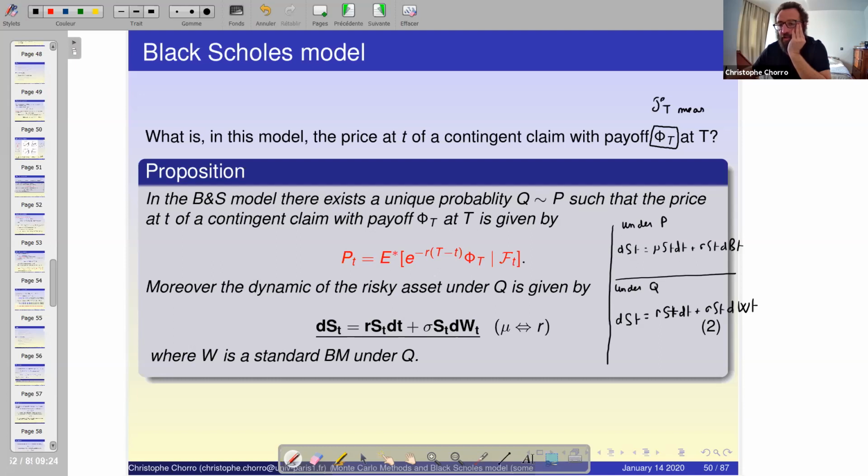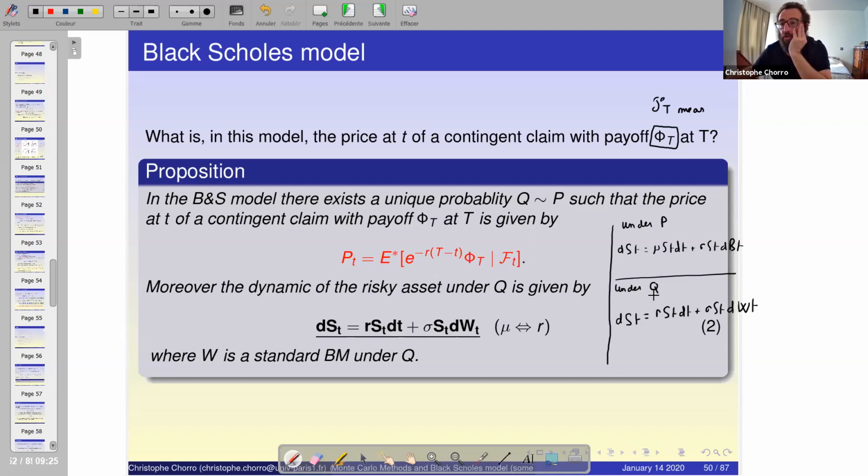And so you see that I have the same kind of stochastic differential equation. The only thing that changed when I pass from P to Q is the fact that the mu disappears and becomes r. This is one explanation of the fact that we also call this Q a risk-neutral probability.